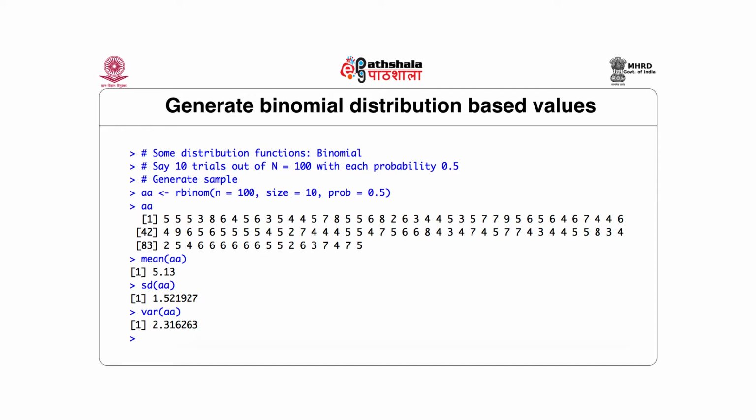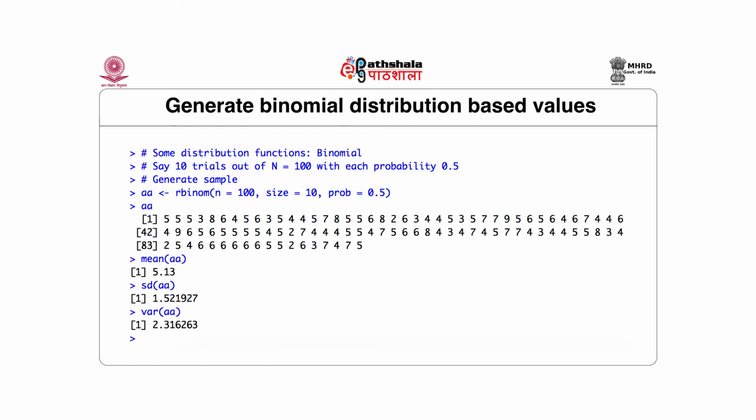So we say r, which stands for randomness, or generating random samples. This is the prefix. Then we use binom, which is the binomial distribution, as a function.